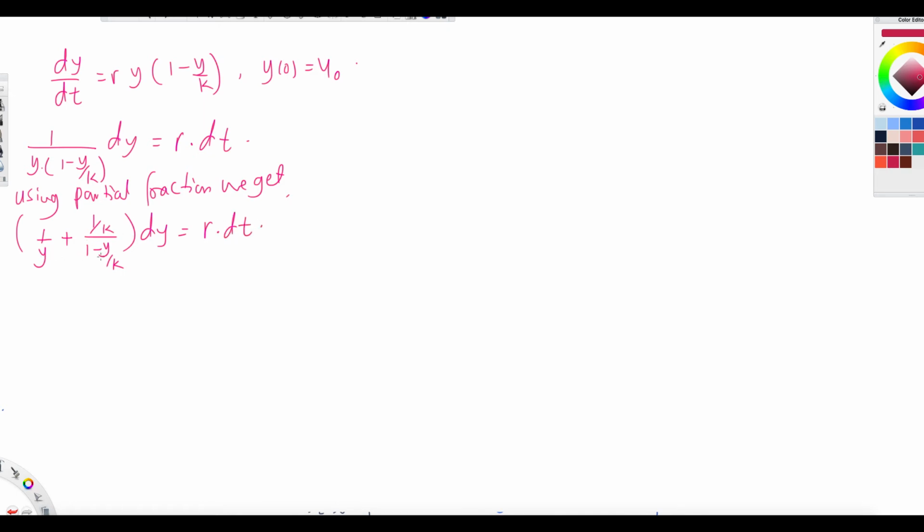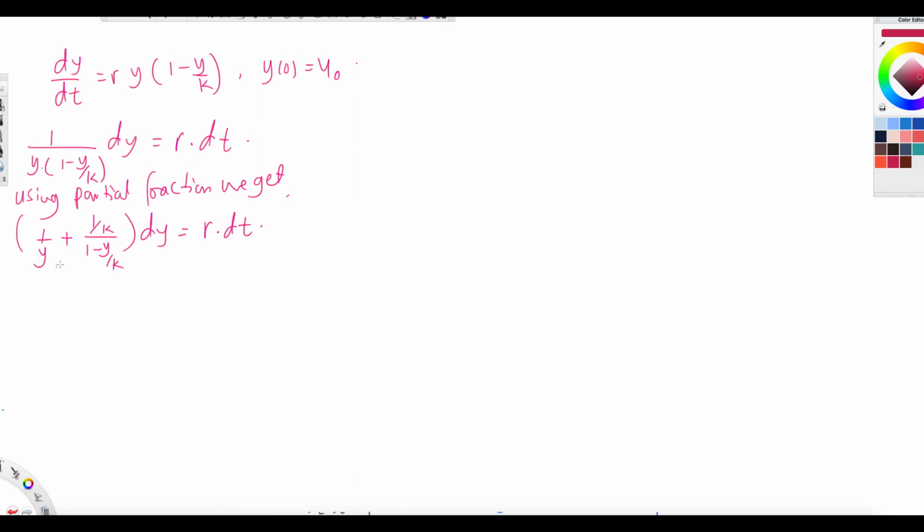Because if you combine these two, you will get 1 minus y over k here, plus 1 over k there. So let me correct that: 1 minus y over k here, and here will be plus y over k, so negative y over k and positive y. If you combine this, you will exactly get this.